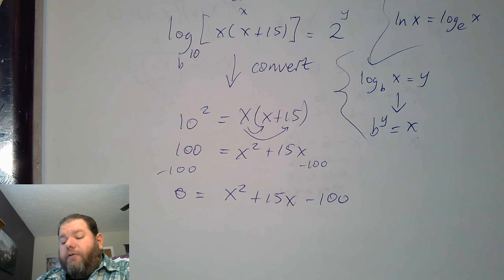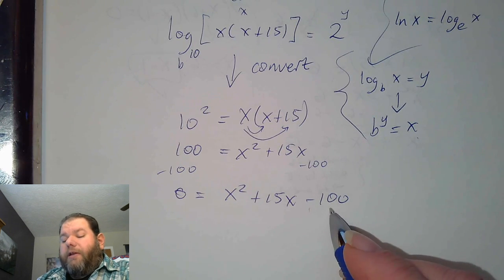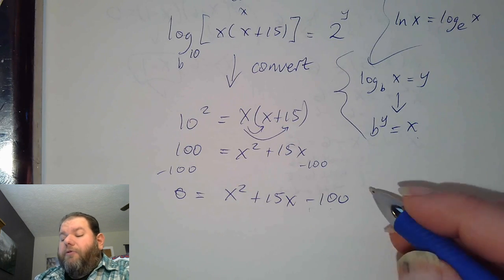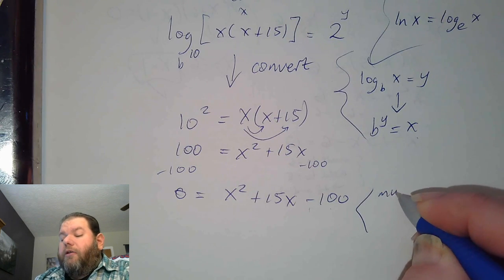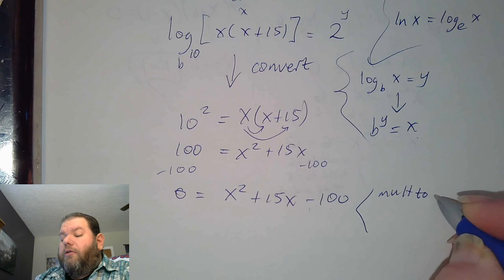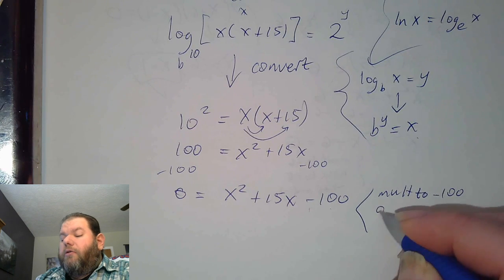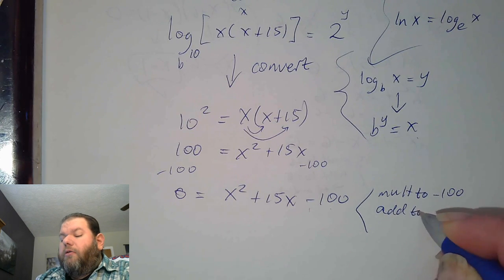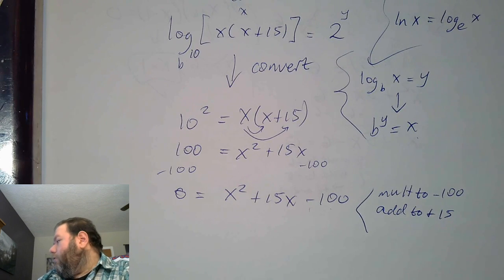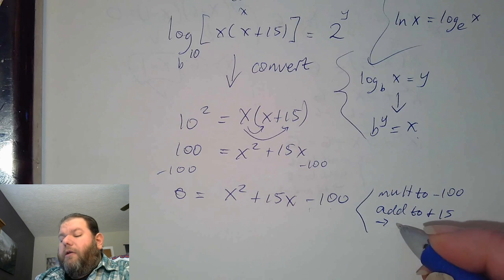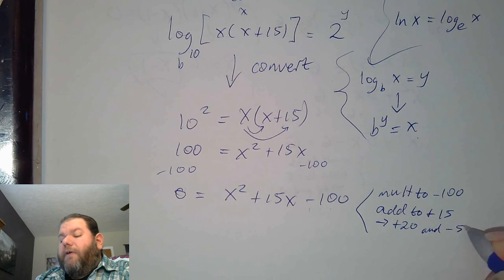Now for our factors, again, we need two numbers that multiply to negative 100 and add up to a positive 15. And this so happens to be a positive 20 and a negative 5.